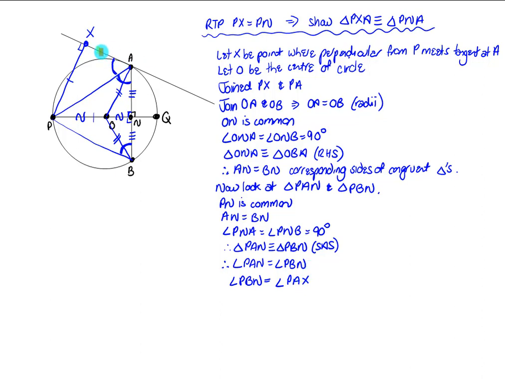I'll highlight it so you can see that that's the alternate segment theorem. So that also corresponds to that angle in triangle PAN. So therefore, angle PAX has to equal angle PAN because they both equal angle PBN.